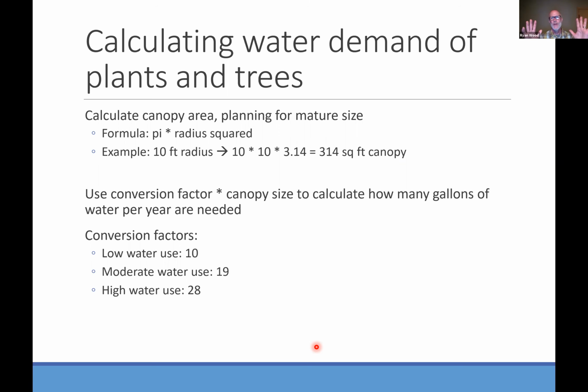Because there's a chart that you'd have to look at as far as the evapotranspiration rates, the crop coefficient, all these different things that we would look at for calculating how many gallons of water per square foot area. So in order to help with that math, we did the conversion factors. These conversion factors are only good for the Phoenix metropolitan area because they're based off of our evapotranspiration rates here in the valley area and the crop coefficient.